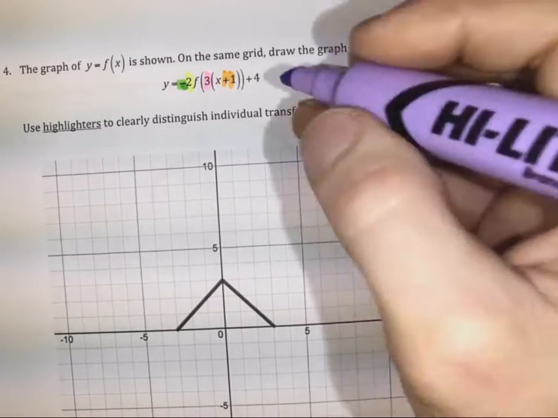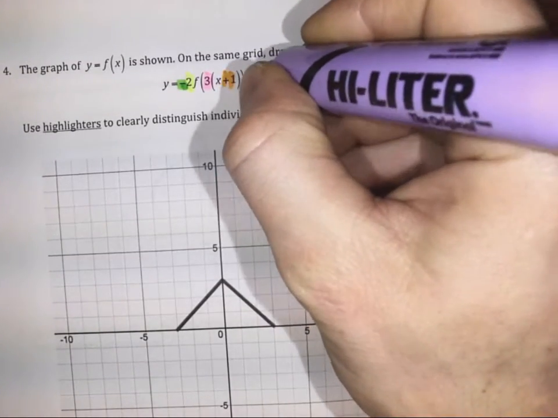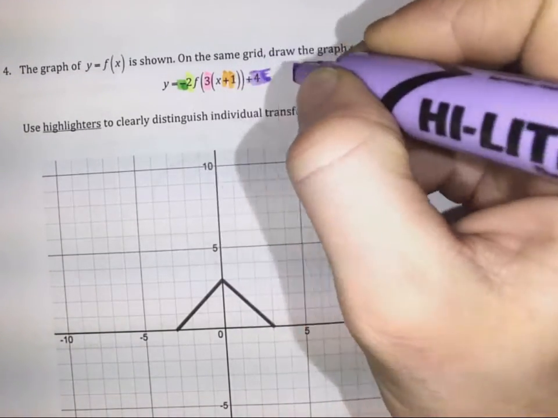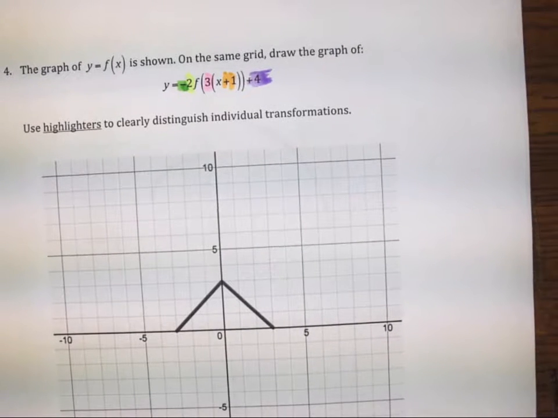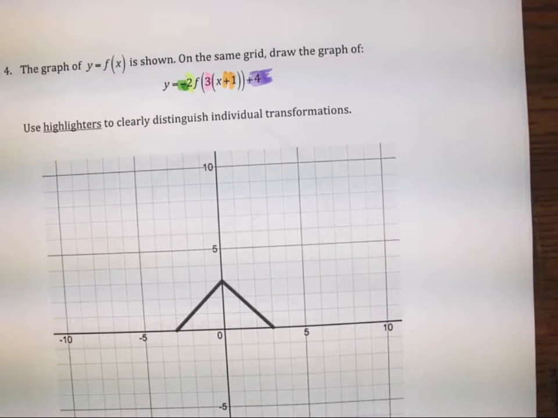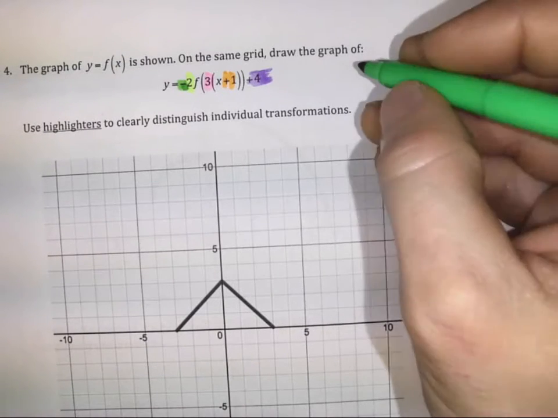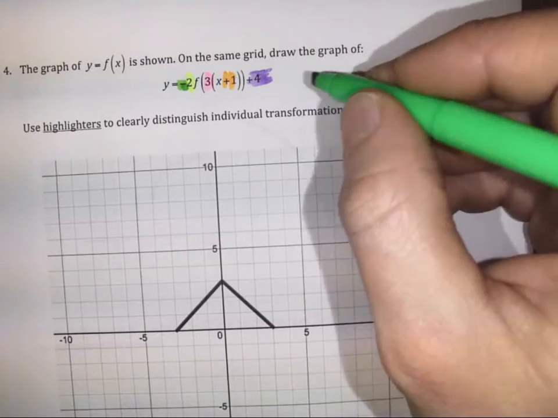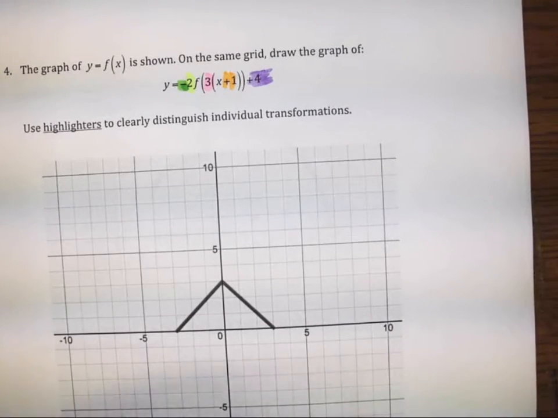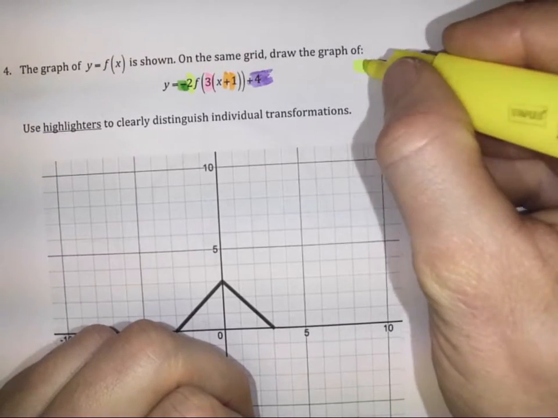And this 4 will be in lavender. I hope that's notably different from pink. And it is. Okay, cool. So I'm going to start with this negative. No, I'm going to start with yellow.